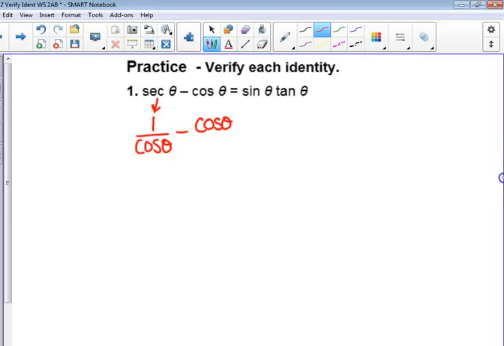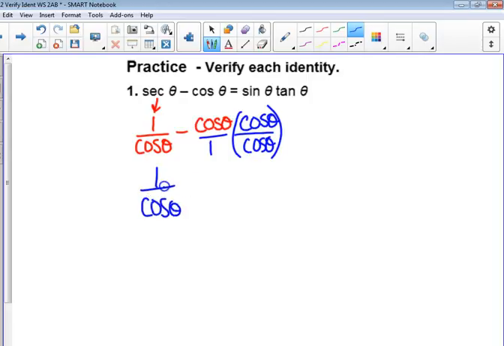Yes. Then we're going to need a common denominator. So I'm going to show that I'm multiplying by cosine over cosine here so that I will get a common denominator. Some of you get stuck on these because you don't see fractions, right? When you have just cosine, it means cosine over 1. All right, so this one stays 1 over cosine, and the common denominator is now going to be cosine. But if I want to write it in a few less steps, what did this become? Yes, so it is going to be sine squared.